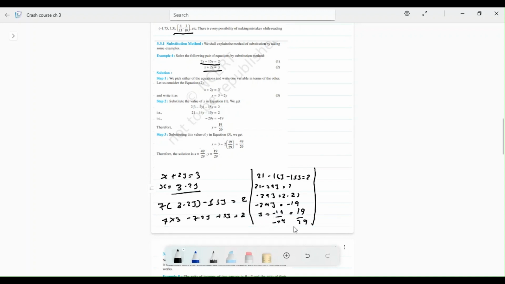Now we place y is equal to 19 by 29 in this equation.